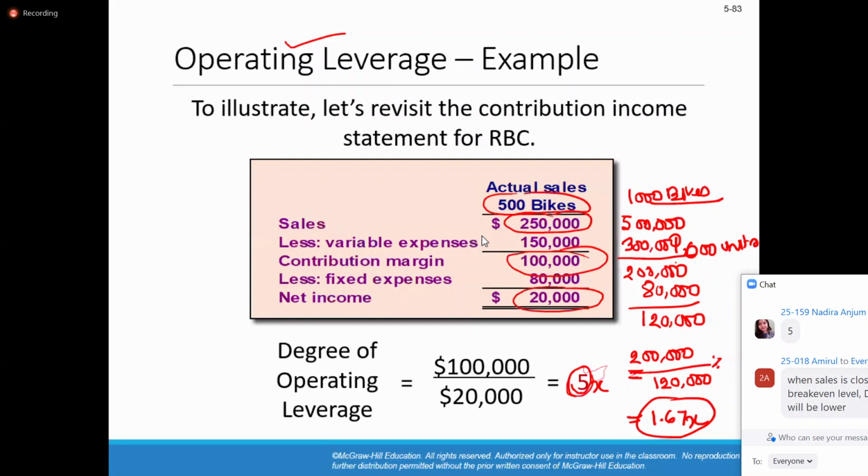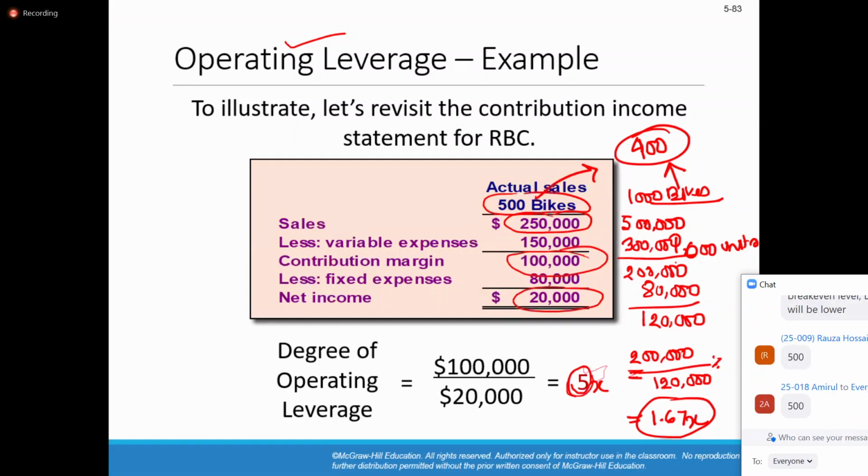You see, sales break-even is 400, right? Break-even in our case is 400. Our sales is closer to break-even in this 500 case or 1,000 case? Amirul, can you check in which case the 500 is closer?